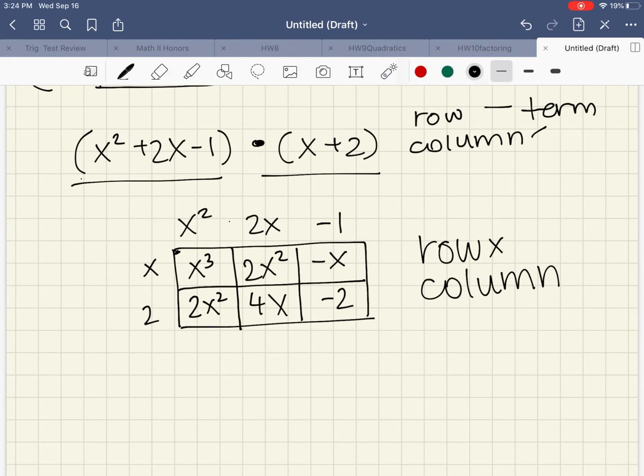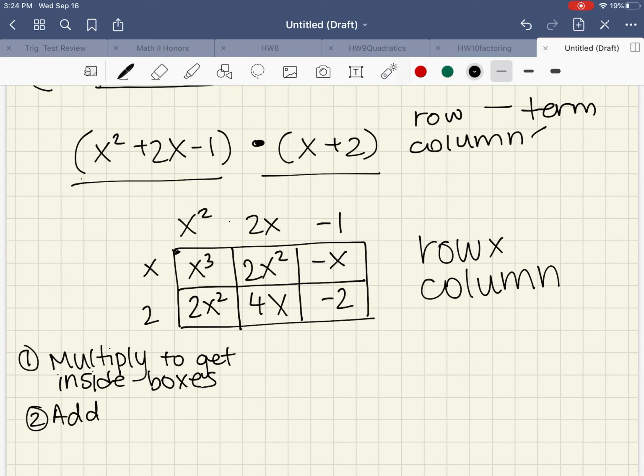So if I wanted to put them all together, first you multiply to get what's inside the boxes, and then you're going to add what's inside. What that means is we've already done step 1. We've multiplied everything to get what's inside the boxes.